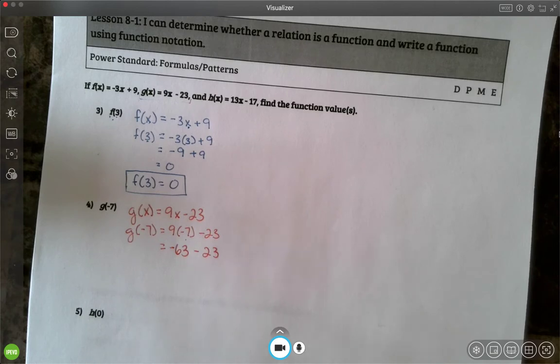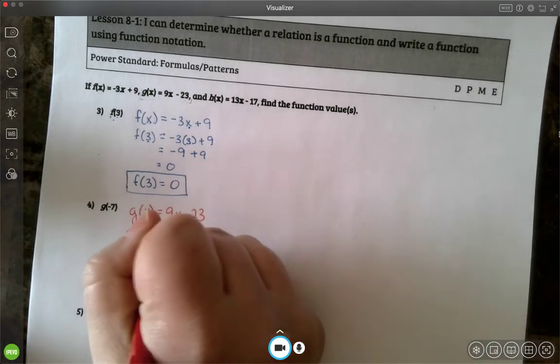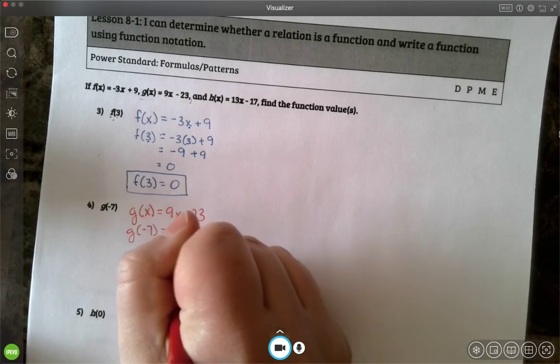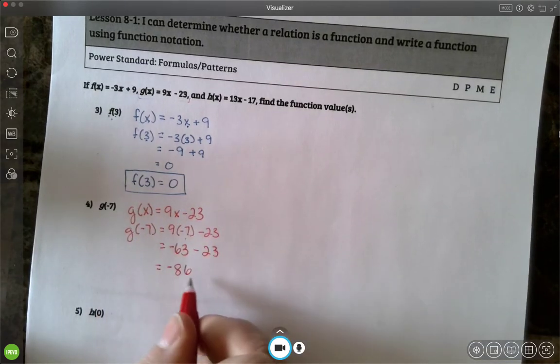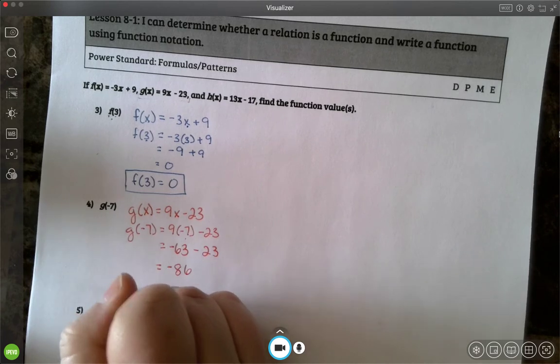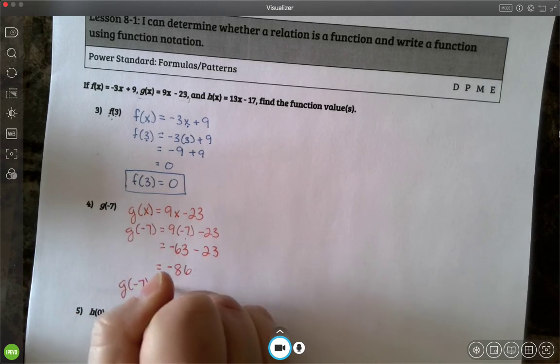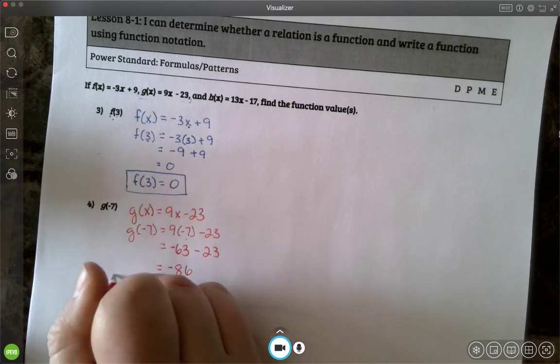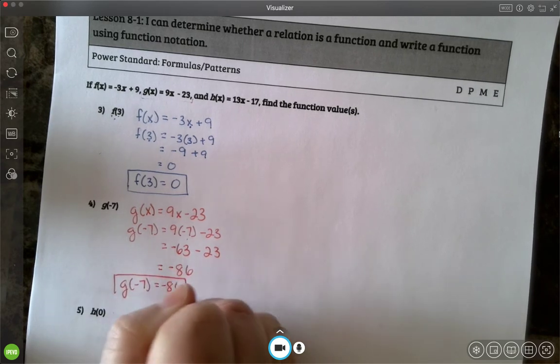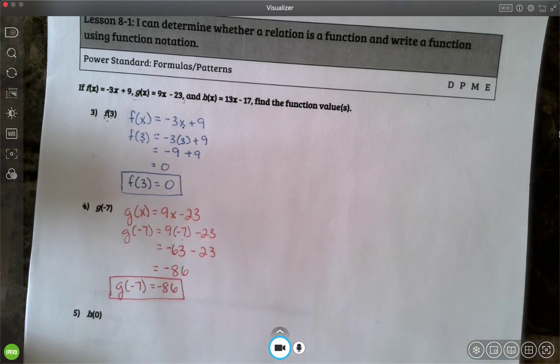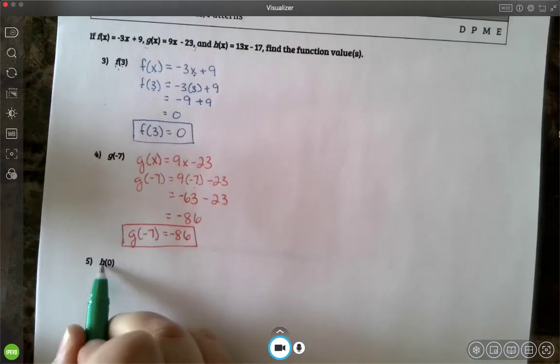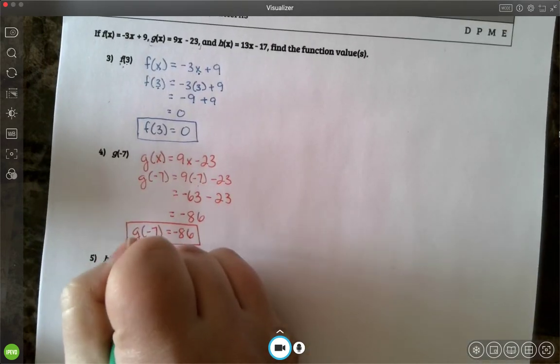Negative 63 minus 23 more is negative 86. So you can either box it like that, or you can say g of negative 7 equals negative 86. Both answers are correct.